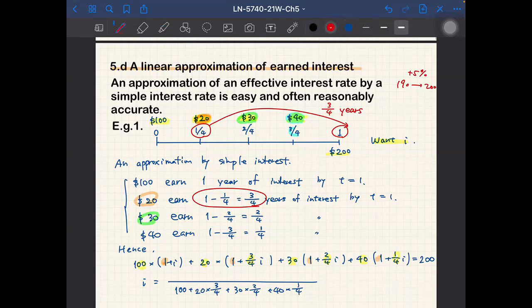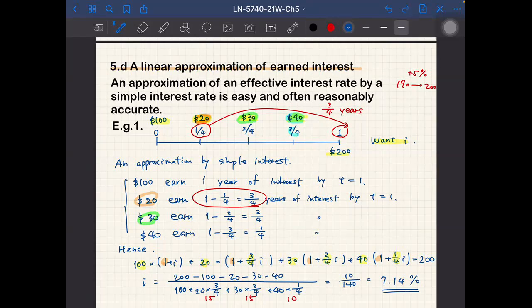So that is 200 minus 100 minus 20, 30, 40, so this is just $10. So this is 10 over what? This is 15, this is 15, and this is 10, so 140. So 10 over 140, 1 over 14, that becomes 7.14%.